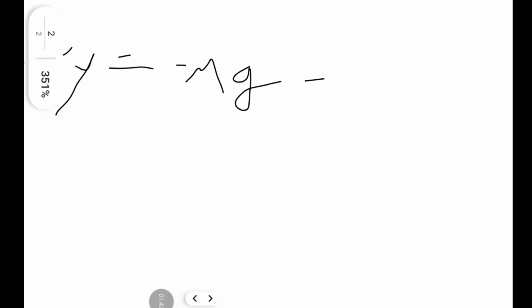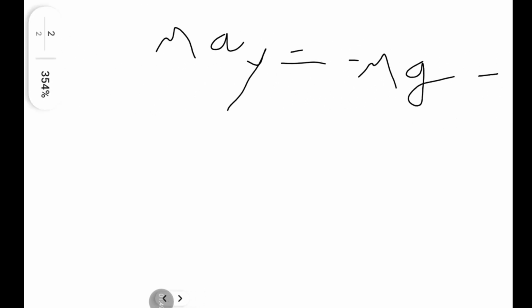We know again that mass times acceleration of y is equal to minus mg minus b vy, where vy is the velocity of y. Now, again, we're doing basically the same thing.